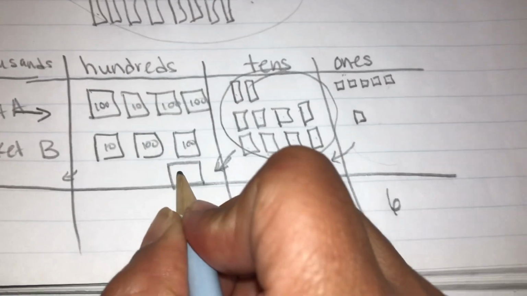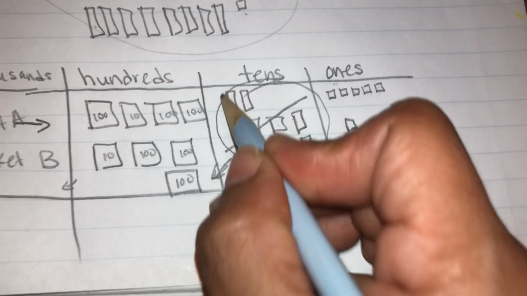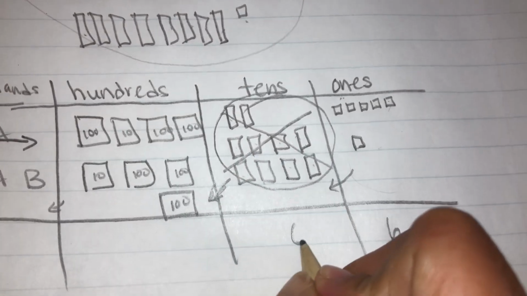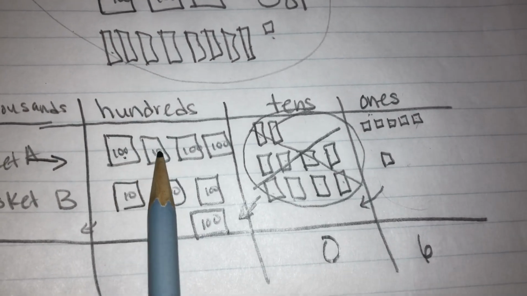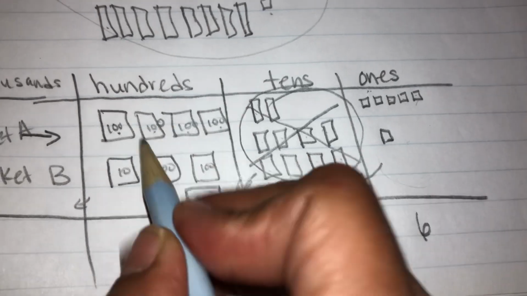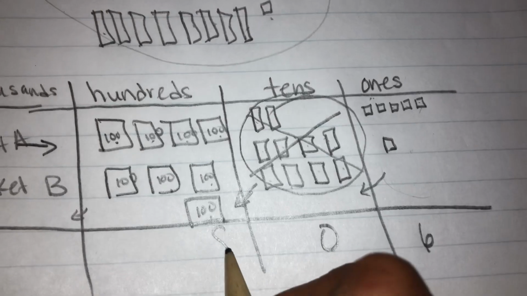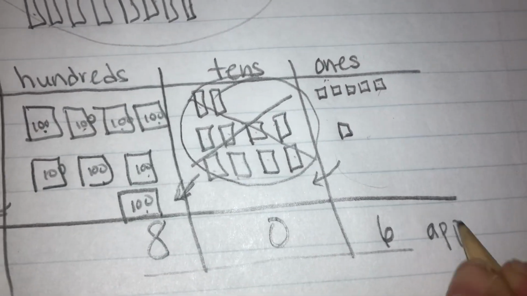So we move those 10 tens to the hundreds place and we no longer have any tens because we traded that for 100. So now we have 0 tens and now we have 100, 200, 300, 400, 500, 600, 700, 800. So we have 806 apples.